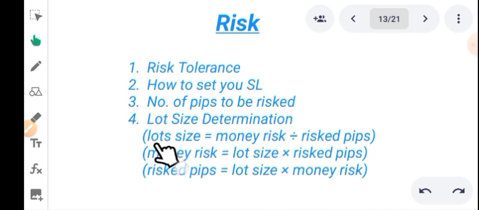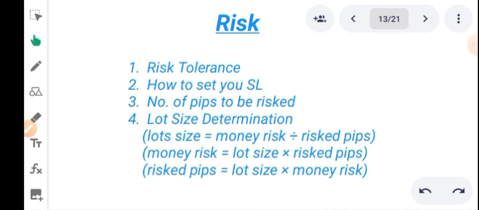First thing, to get your lot size you have to get your money risk. That's the money you want to risk. Divide it by your risked pips. That's the pips you want to risk. The money you are willing to risk, which is your risk tolerance, divided by the pips you are risking, which is the number of pips between your entry point and your stop loss point.